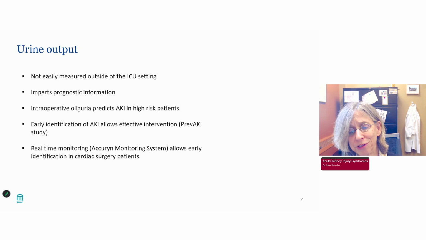The urine output imparts important prognostic information. A number of studies have shown that without any increase in the creatinine, oliguria is associated with an increased mortality risk.